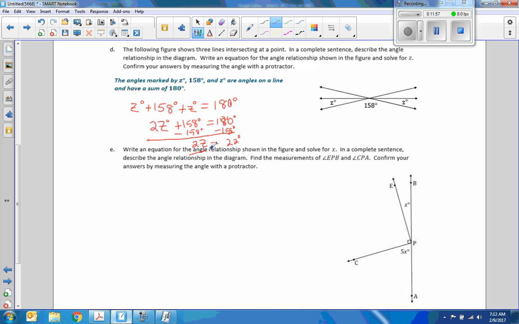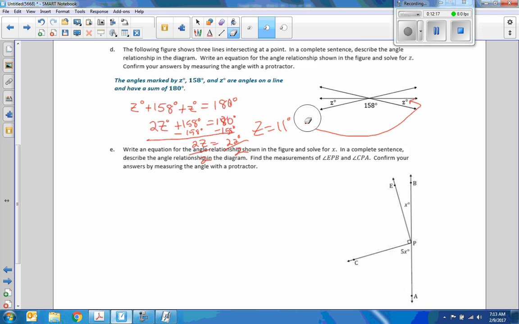So if 2Z equals 22, I'll divide both sides by 2. I apologize for the lack of space. And Z equals 11 degrees. So this is 11 degrees, and this is 11 degrees. Okay, 158 plus 11 is 169, plus 11 is 180 degrees.